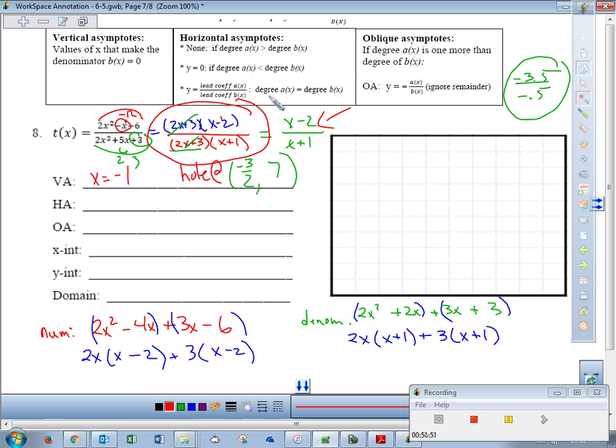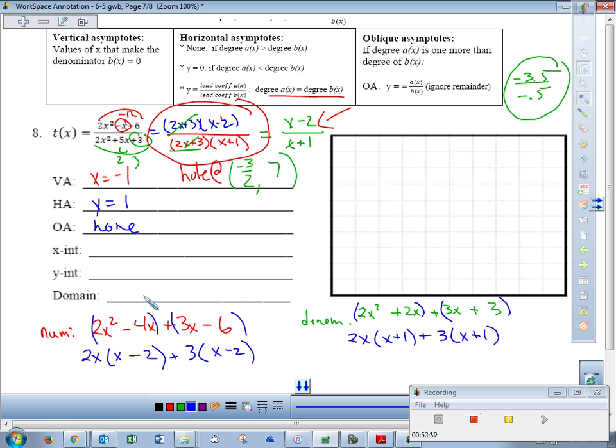Degree is 2. Aren't they equal degrees? Equal degree, so leading coefficients over each other, which would be what? Y equals 1. 2 over 2, which is 1. Leading coefficient of 2 over leading coefficient of 2 is 1. Oblique asymptote can't be any. If you have a horizontal asymptote, there can't be an oblique asymptote.